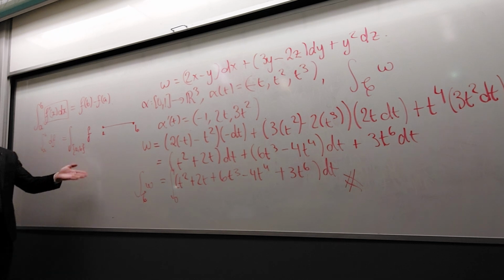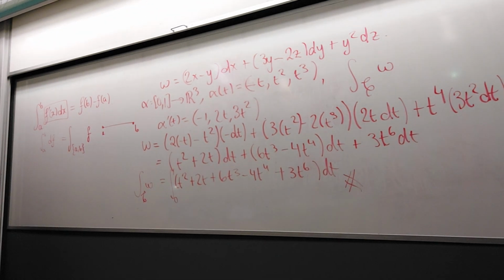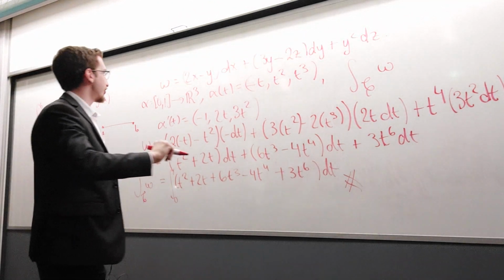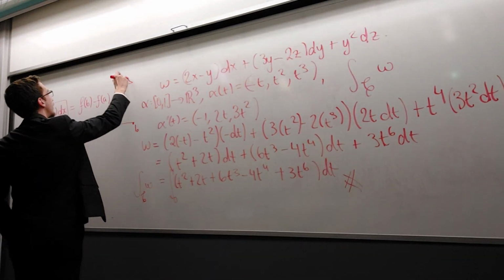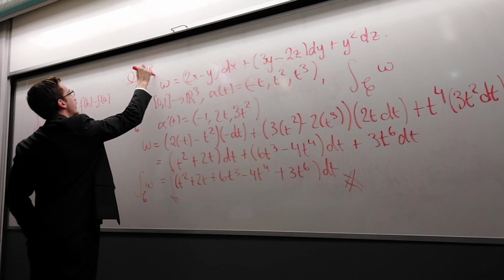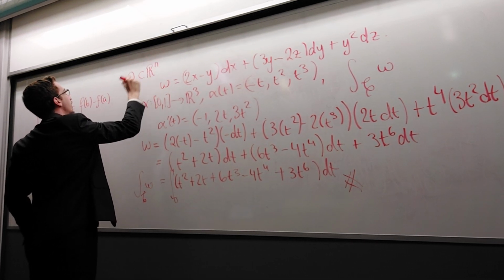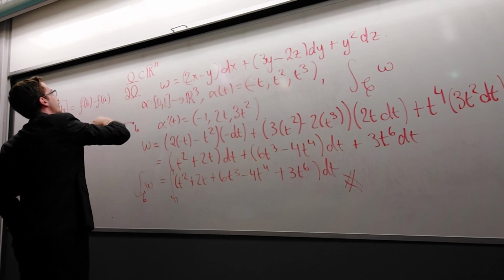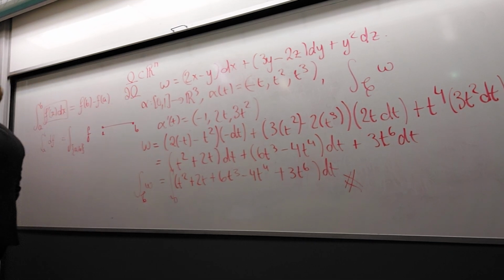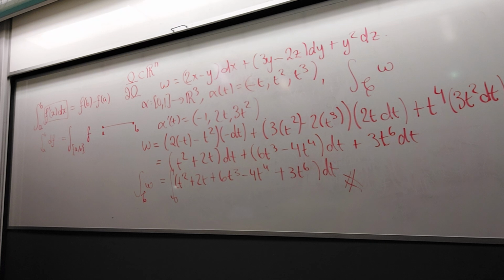Now what's the notation people use for the boundary of a set? Does anyone know? Did you use it in Calculus? It's the partial derivative symbol. So if I have some domain in let's say R2 or Rn, the boundary of omega is written like this, with the partial derivative symbol.